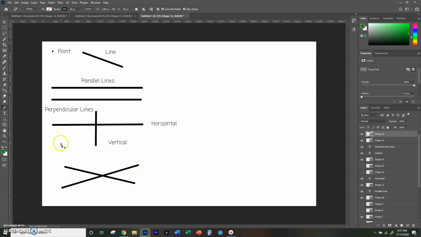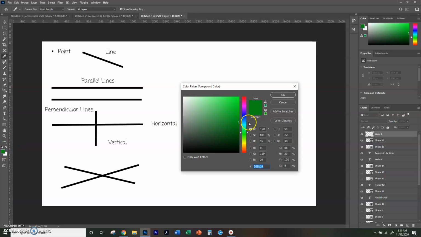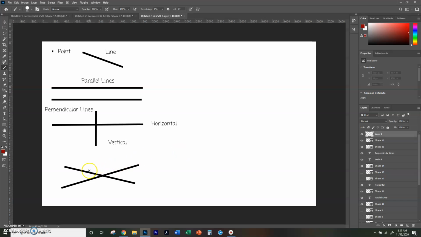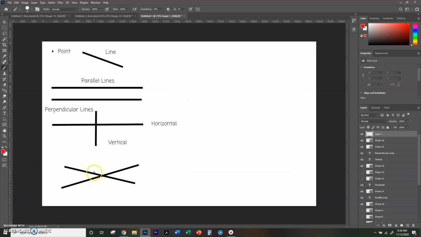In fact, if you look at these lines, you can see that this angle on top, let's make this red on top. This angle on top here, that's not a very bright red. Let's make it a little brighter. It looks awfully similar to this angle down here. And it is, it's very similar. Those are exactly the same angles, top and bottom.